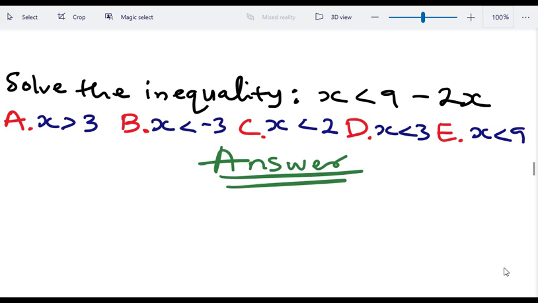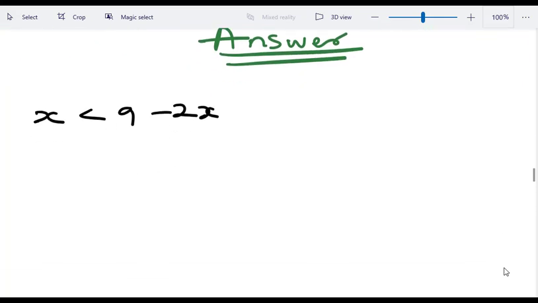The question says solve the inequality. So let me bring it down. We have x less than 9 minus 2x. So the same pattern, you collect like terms as if you are dealing with a linear equation.